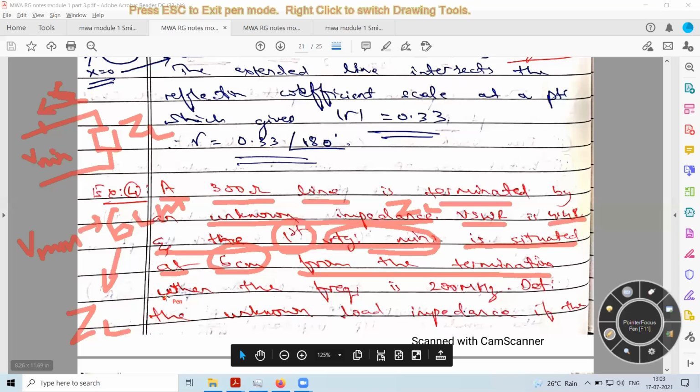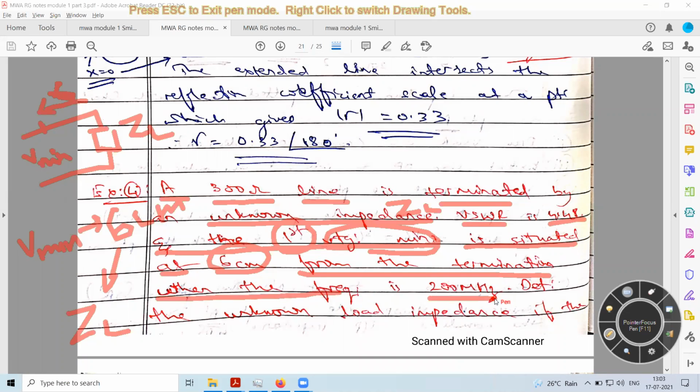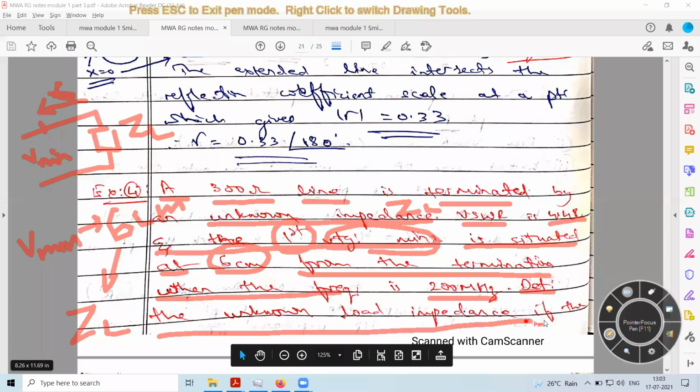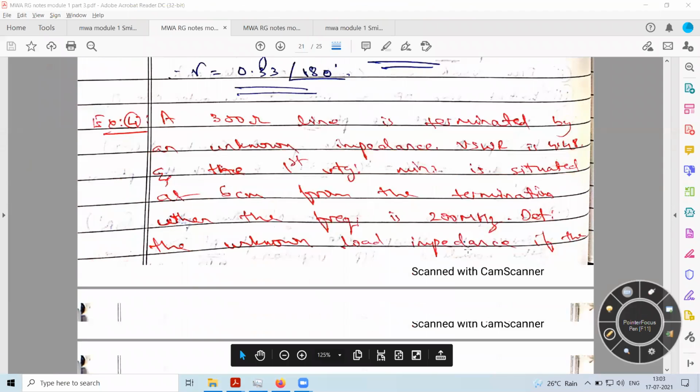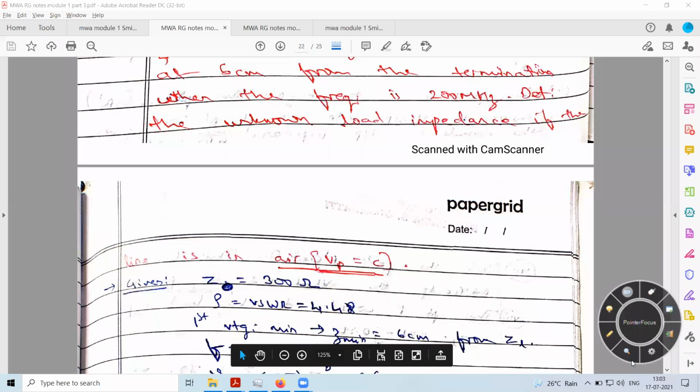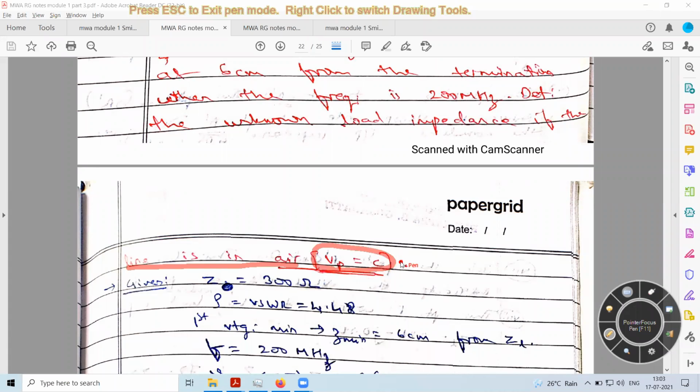Then what is the other parameter he is specifying? This happens when the frequency is 200 megahertz. Determine the unknown load impedance if the line is in air. Air implies that it is in a vacuum, so the phase velocity will be equal to the speed at which light travels.